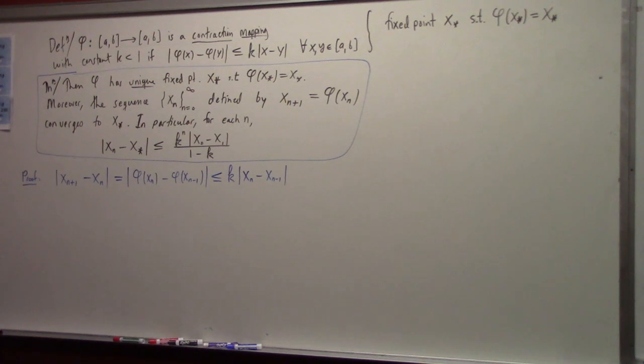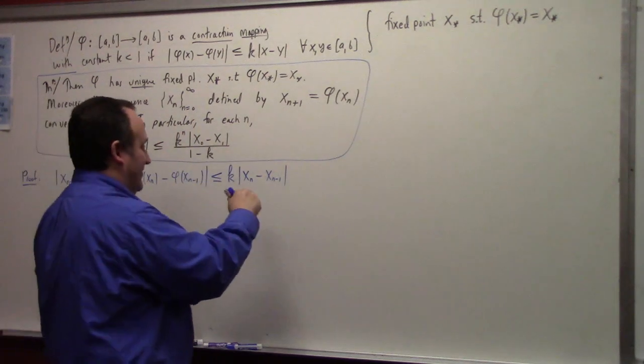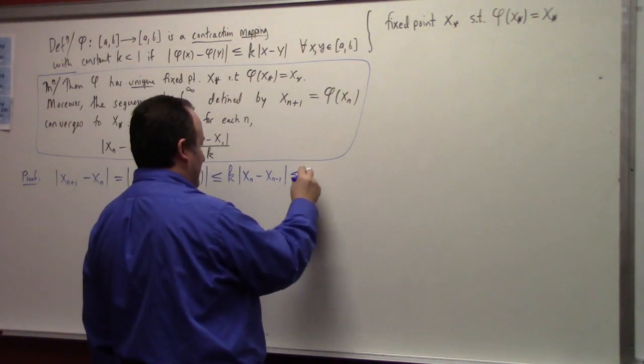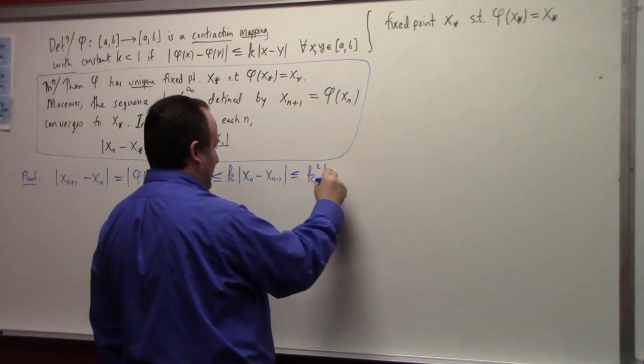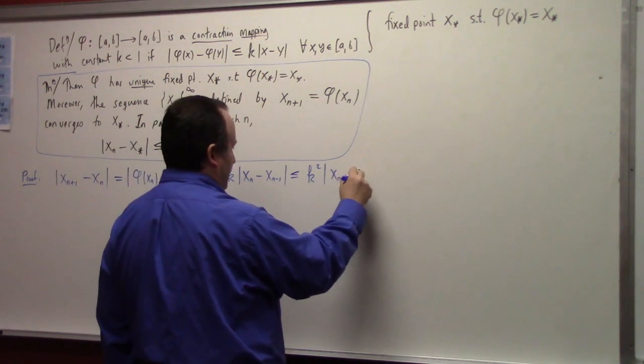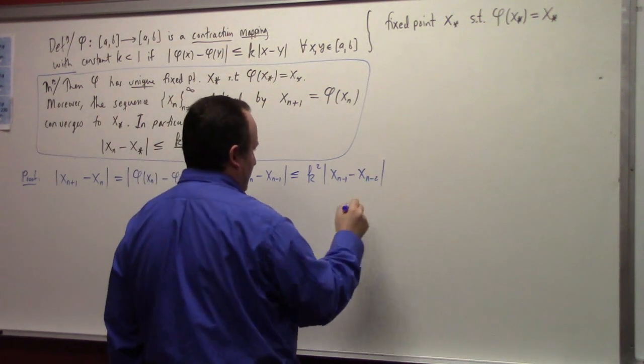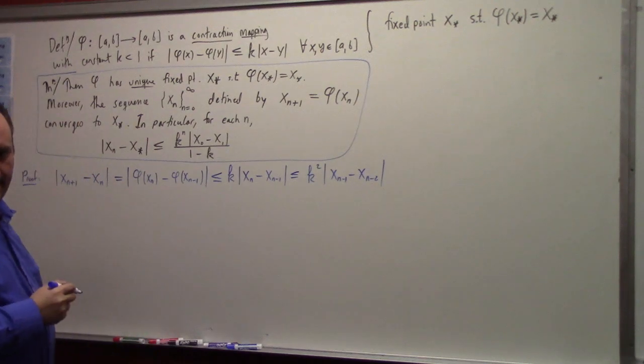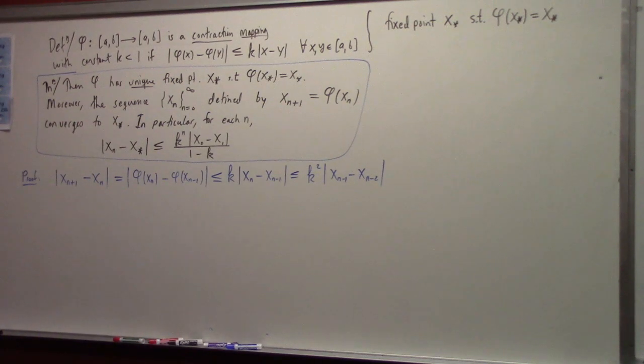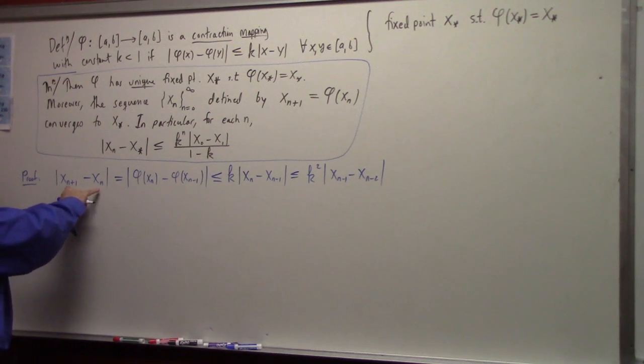And so it follows easily by induction that, all right, so then what do you do? Let's just play this game a bit. And we can do that again, right? So this would be less than or equal to k squared times xn minus 1 minus xn minus 2. Because you see, we had n plus 1 and n, switched to, these just go down by 1.